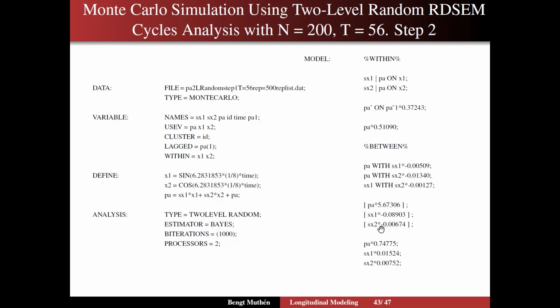And then come all the between values here that are also the same as in step 1, so that we are giving the true values in the Monte Carlo to which estimates will be compared, and the true values are those that we gave in step 1. Step 2 is sometimes called the external Monte Carlo step. So here you have it. That's the 2 steps of the 2-level random DSEM.